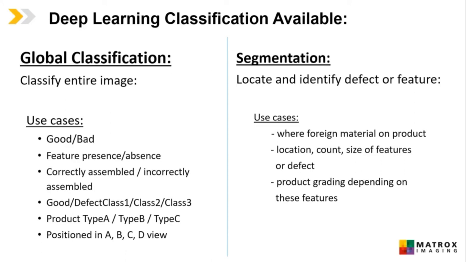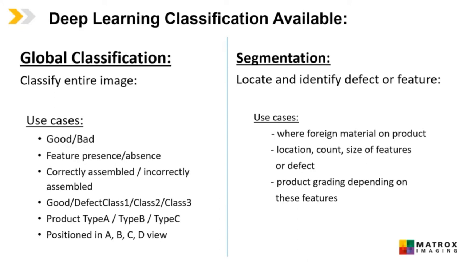The other type of deep learning form that we support is called segmentation. And here, what we do is we're able to locate and identify a feature or a defect on a product, right? To locate where it is. Use cases are locating foreign material on products. So for example, in meat processing, you may want to look for foreign material like wood chips or whatnot.